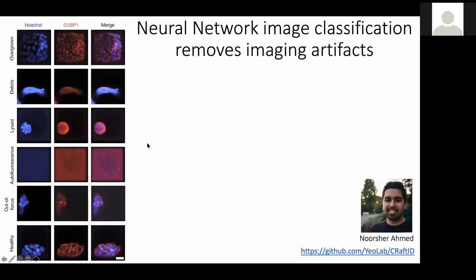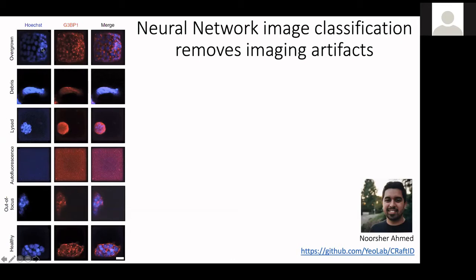And so another graduate student in the lab, Noor, helped us to develop an image-based classifier using neural networks to try to remove all of these artifacts from our imaging, because as you can imagine, like in this example shown here of a lysed colony, if you try to quantify stress granule area on this lysed colony, it's going to say that there are no puncta, and in fact there are not, but that's not actually a phenotype that we're interested in using.